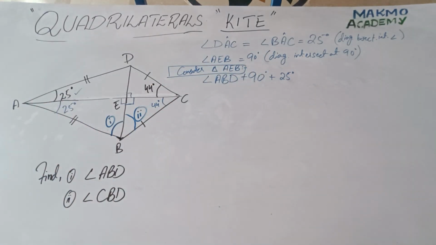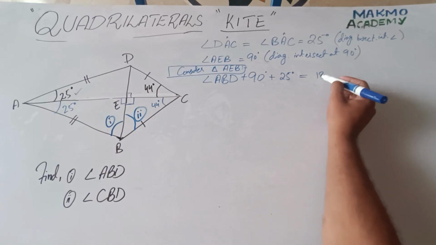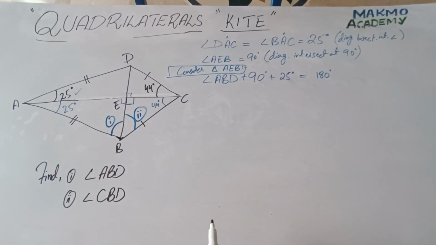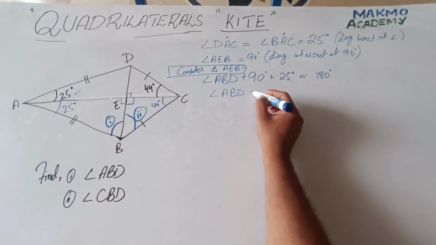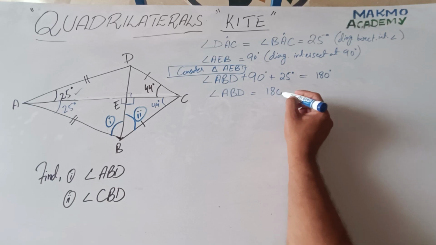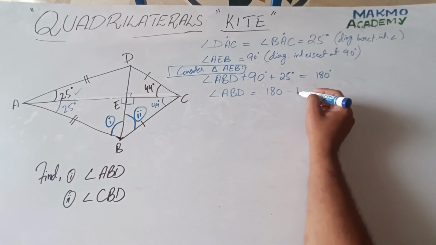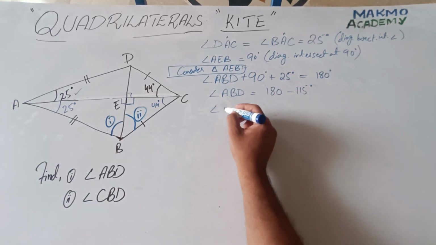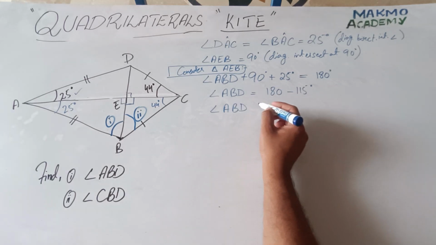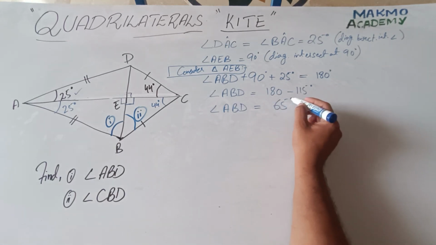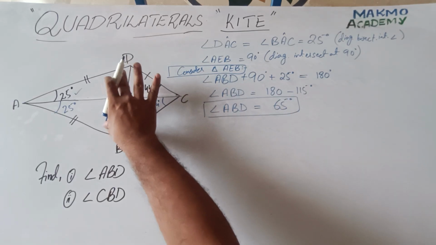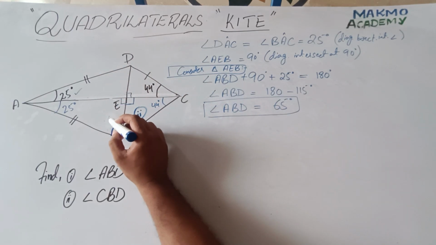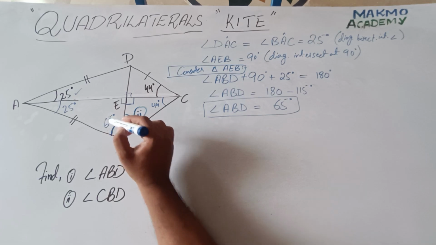Inside this triangle, their sum is equal to 180 degrees. Now let's add them and subtract. So we will get the size of angle ABD, 180 minus 115. So angle ABD is equal to 65 degrees. So now you can see that we got the answer of this angle. Angle ABD is equal to 65 degrees.